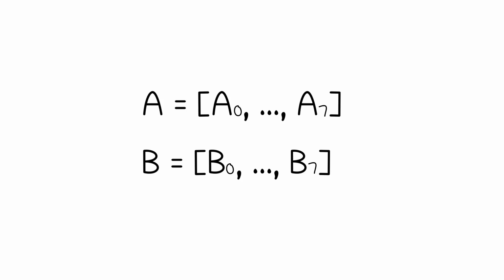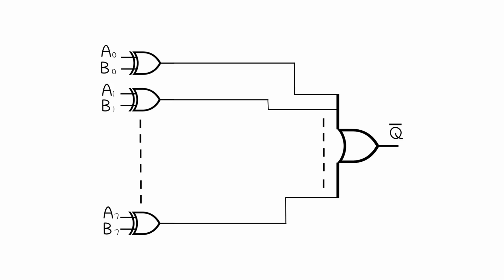But what if A and B are 8-bit numbers? Well then, all you need to do is use 8 XOR gates and then bung all the outputs into an 8-input OR gate. And then, as before, the output will be a 0 if A and B are equal and a 1 if A and B aren't equal.